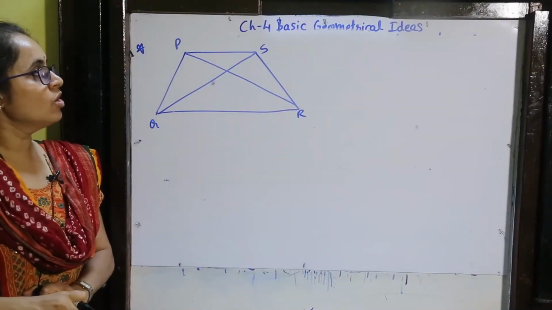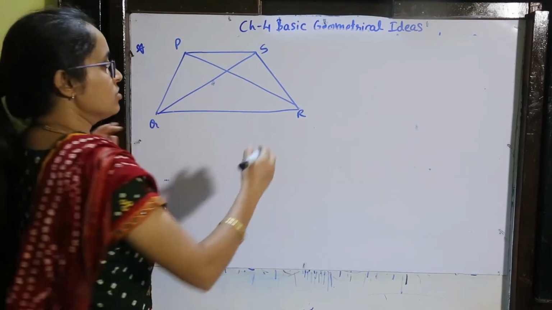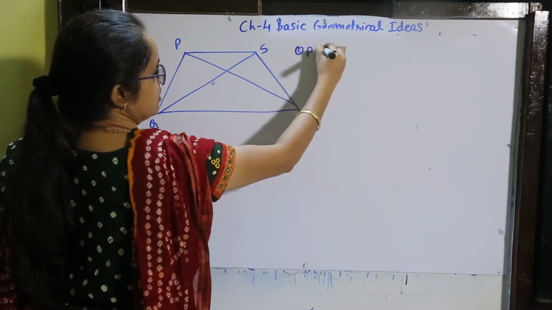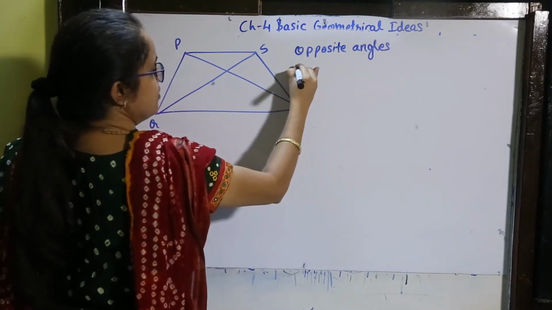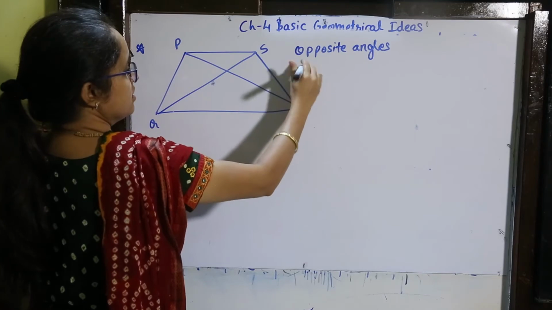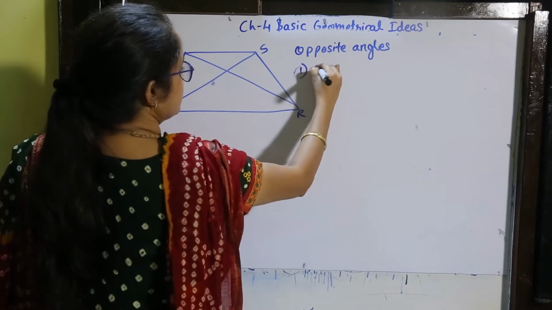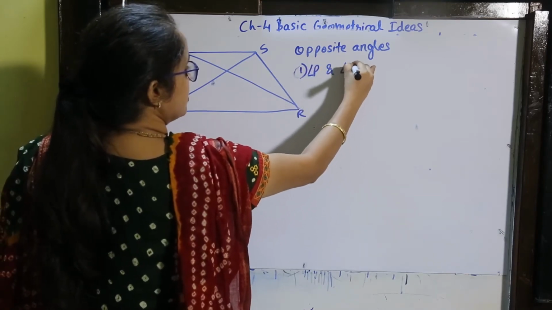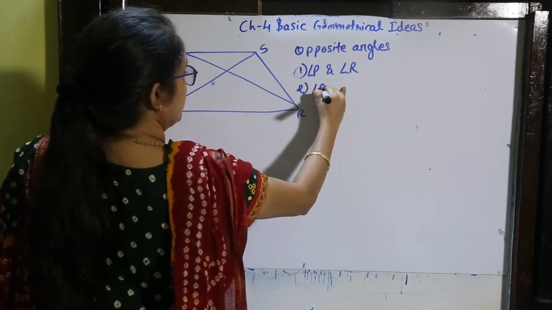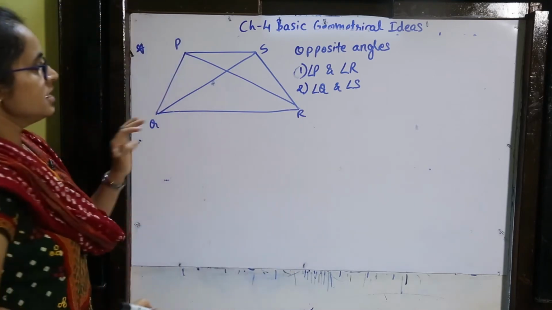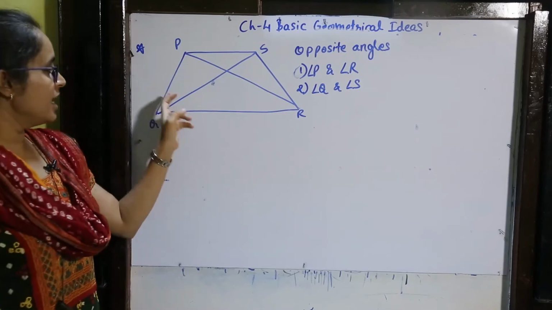Now we will move on to opposite angles. Okay, so the pairs of opposite angles are, in that only we have to write, first pair of opposite angles is angle P and angle R, and angle Q and angle S. Now here you can see opposite angle means not connected by any line segment. So you will think, teacher, this is not a line segment.